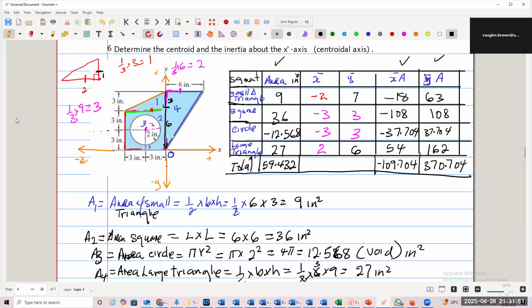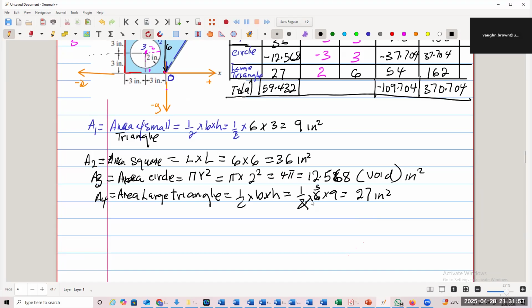All right, so remember now the rule of thumb says to get each component, x bar is equal to the sum of x bar a upon the sum of the area.